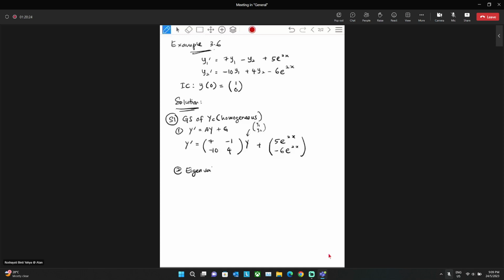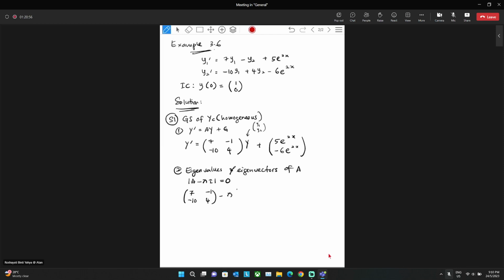Why is it equal to 0, class? Why must it equal to 0? Because homogeneous, right? Yes. Dah jawab yes saja. Betul.